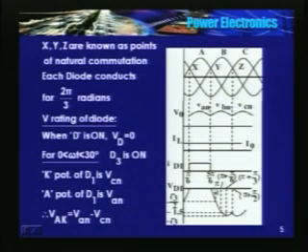Now how does the waveform look beyond 5 pi by 6? Beyond 5 pi by 6, the diode which is connected to phase B starts conducting. Now VAN minus VBN is the voltage appearing across the diode. Same procedure. At this instant, that is at omega t equal to pi, instantaneous value of VAN is 0, whereas instantaneous value of phase B is proportional to sine 60.